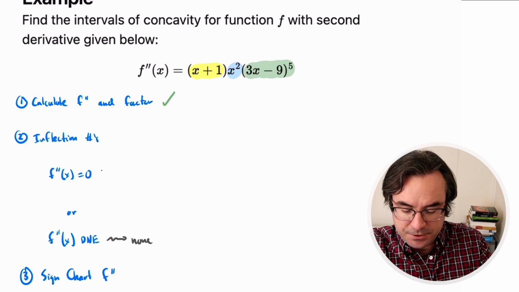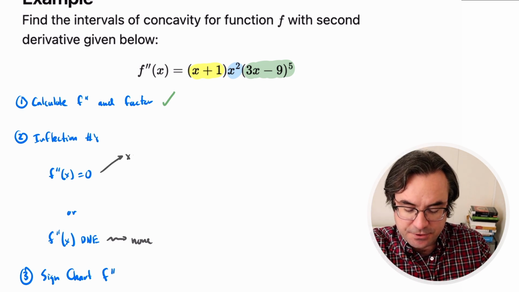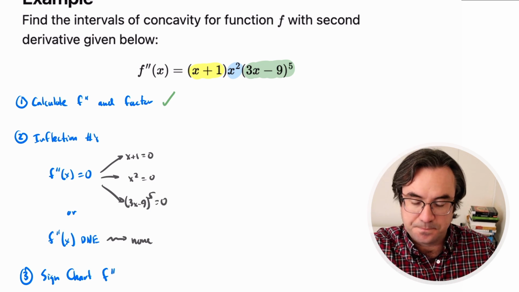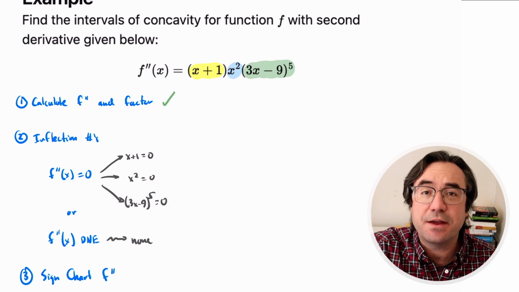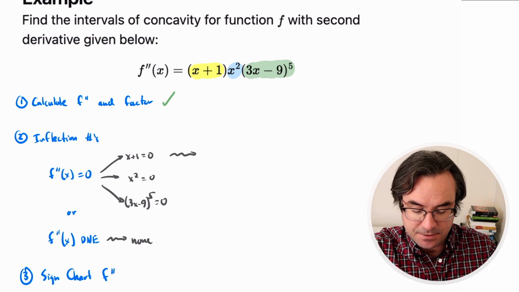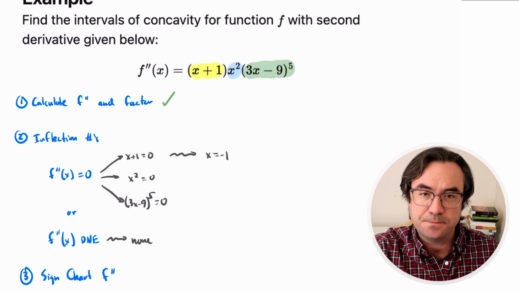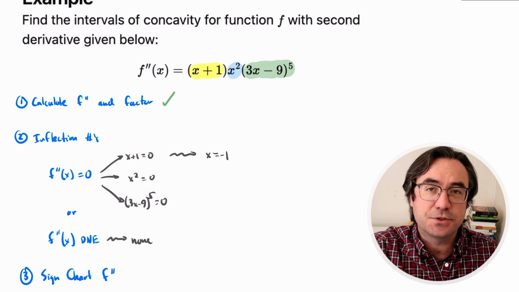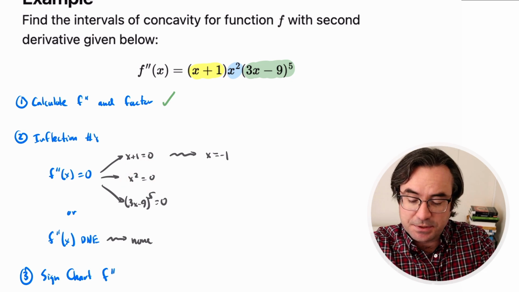We can set each of those factors equal to 0 and solve each for x. Starting with the first one, x plus 1, subtract 1 from both sides and we get x equal to negative 1. For the next one, take the square root of both sides, and we get x equal to 0.